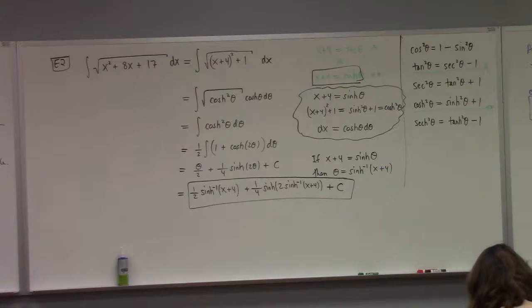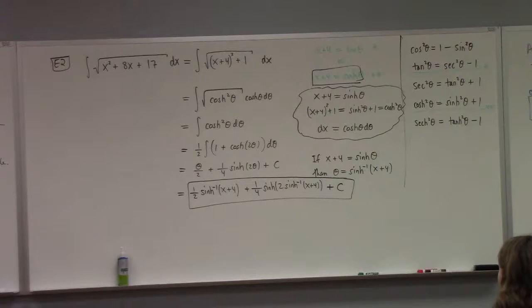But a challenge question would be to try to rewrite this in terms of logs of algebraic functions. We saw how to write inverse hyperbolic sine as the natural log of x plus the square root of 1 plus x squared, or 1 minus, I forget off the top of my head, but we did derive that. Does that make sense?